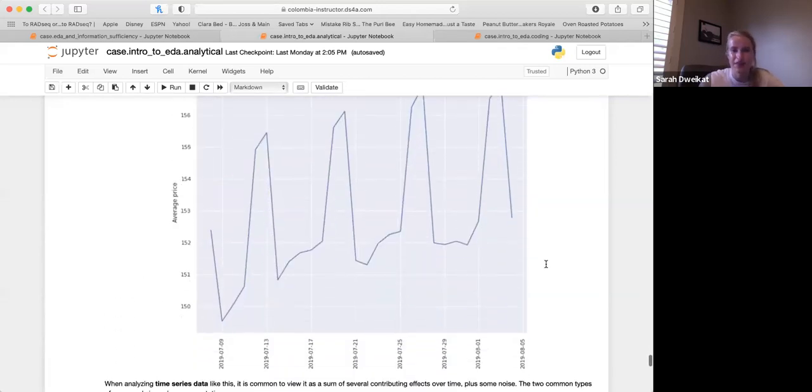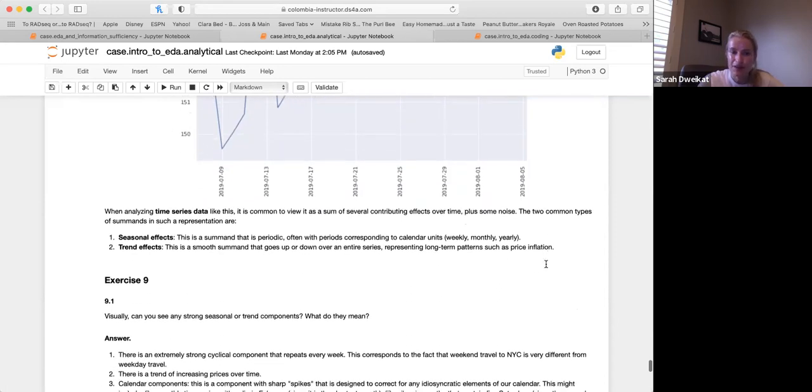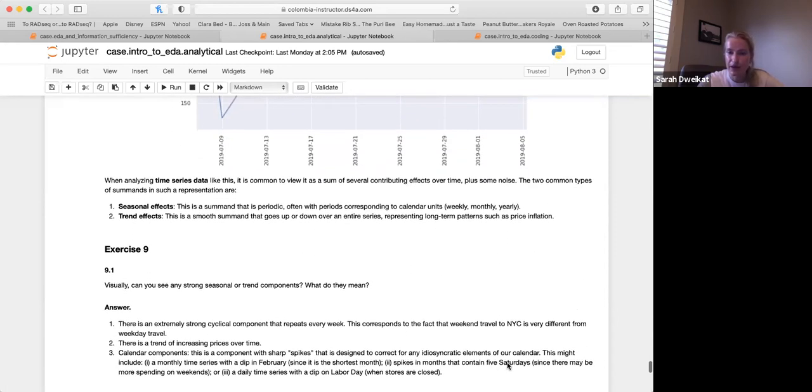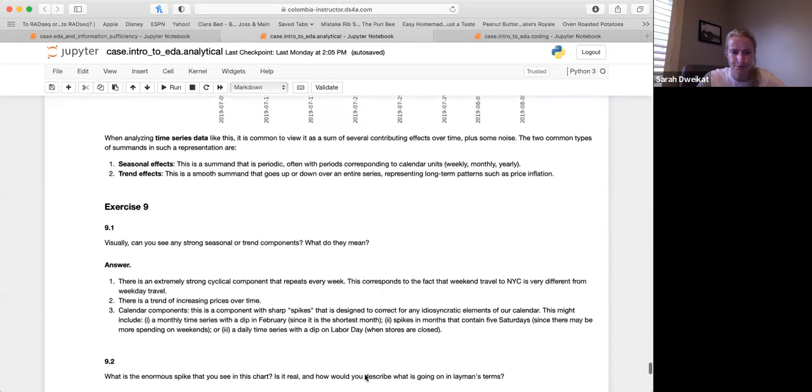Is that a shorter month, a longer month? When you're looking at sales, this is a good point, that if you were thinking about holidays, you might see a decrease on Labor Day when stores are closed. So it's important to think about why you might see dips or increases that are not automatically explained right off the bat.